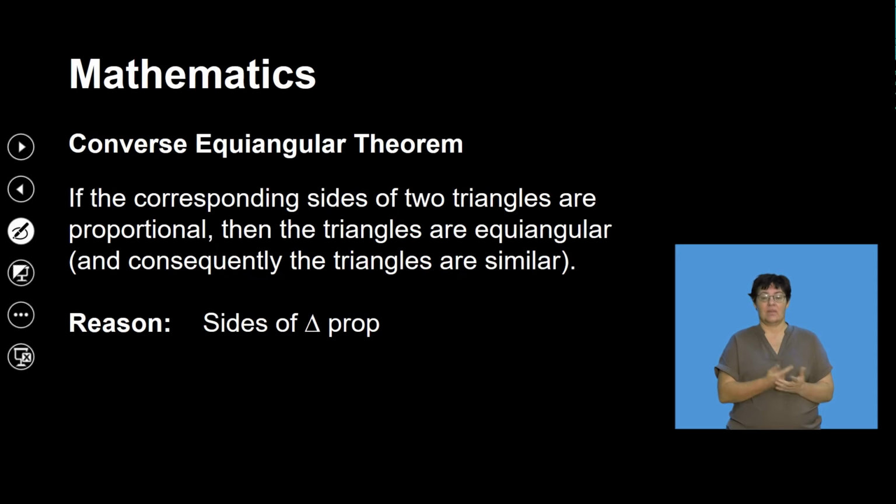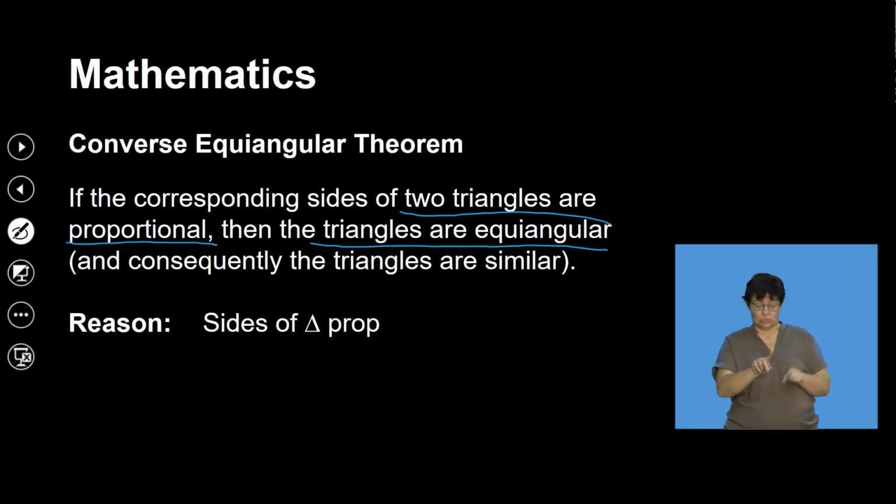Now we have a theorem which is called the converse equiangular theorem, which states that if corresponding sides of two triangles are proportional, then the triangles are equiangular. What does that mean? It means that if the two triangles have corresponding sides in proportion, meaning for you to move from one side to the other side, you're multiplying by the same factor throughout, then the angles in those two triangles will also be equal to each other using the correspondence when you label them.